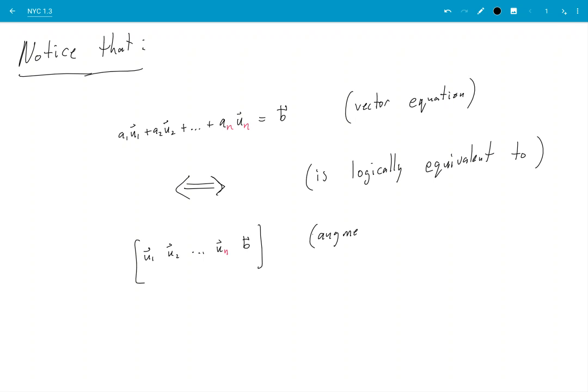This is an augmented matrix. Okay, pause the video and write that down.